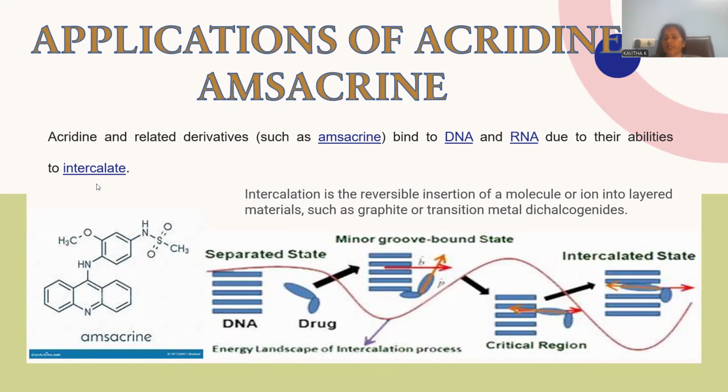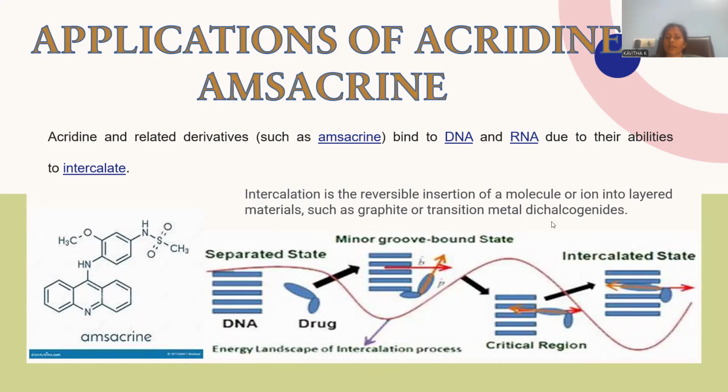Intercalation is a specific activity of the acridine molecule. The word is repeated many times in this discussion. Intercalation means the reversible insertion of molecules or ions into layered materials, inserted in between. Whenever layers of molecules are present, it will be inserted in general.